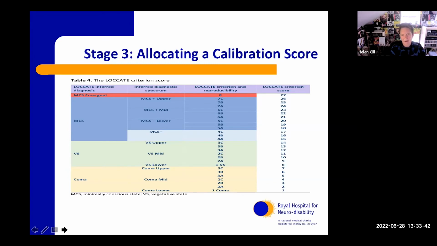So we're talking about the criterion and the reproducibility of that highest response, and that will give you a nice LOCCATE score. You can start from 1, moving up to 27. Those subtle changes you'll be able to measure using graphs. We've got a graph that you can use, or you can document it on the report form. So you can actually show change on this LOCCATE score.